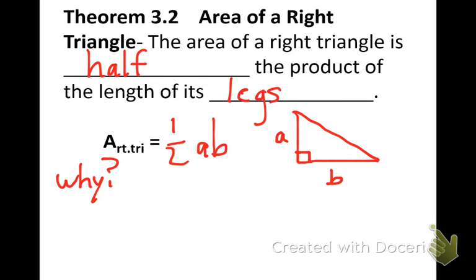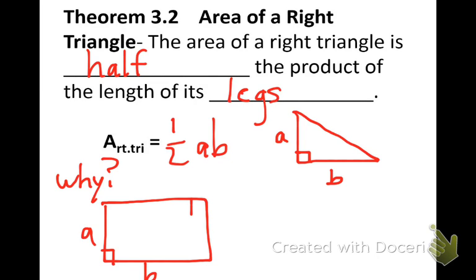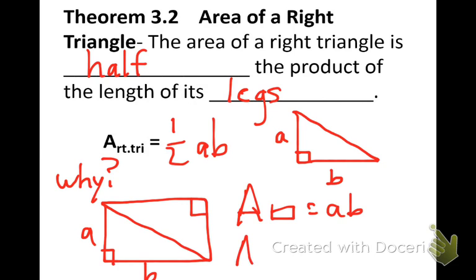Because two right triangles make a square. They don't make a square, they make a rectangle. Right. So if I take a rectangle whose dimensions are A by B, the area of that rectangle is A times B. Then I draw the diagonal through the rectangle, and now I have a right triangle.